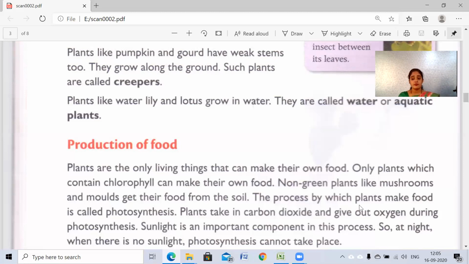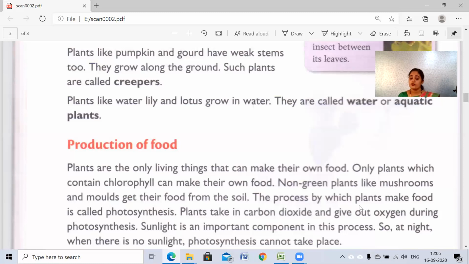Yes, green plants prepare their own food by a process called photosynthesis. Once they collect the light, they start preparing the food. First, they take carbon dioxide from the surroundings. They absorb water from the root.